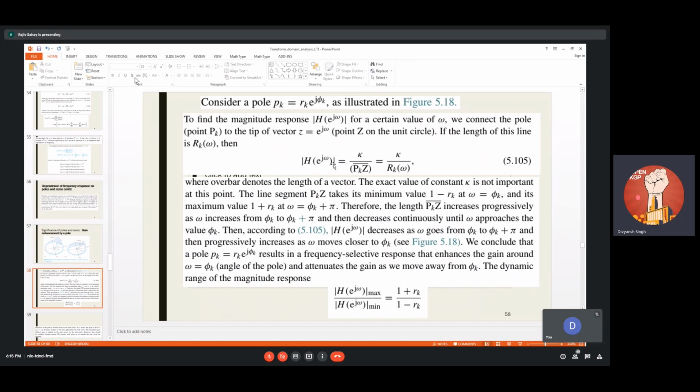So if we use the formula for calculating the magnitude response, then we see that it is just a constant divided by the distance from the pole to the point on the unit circle. So this is the vector PkZ.